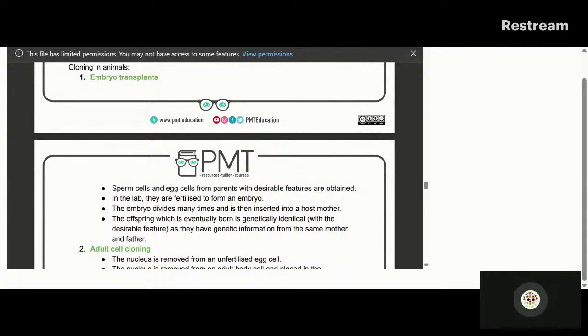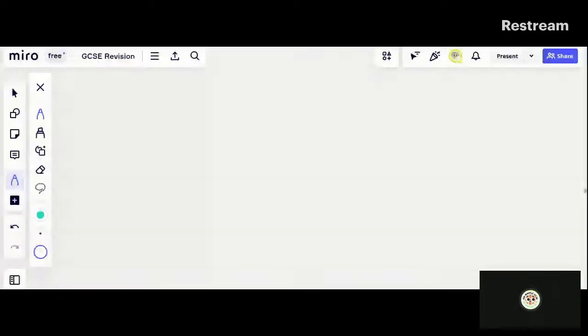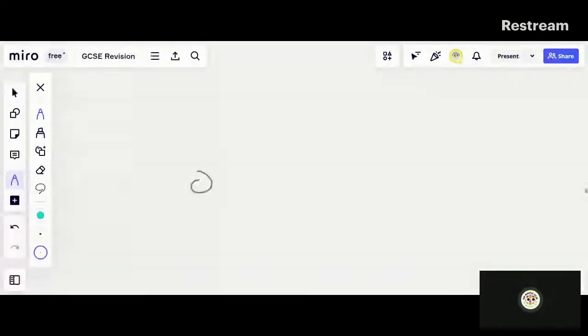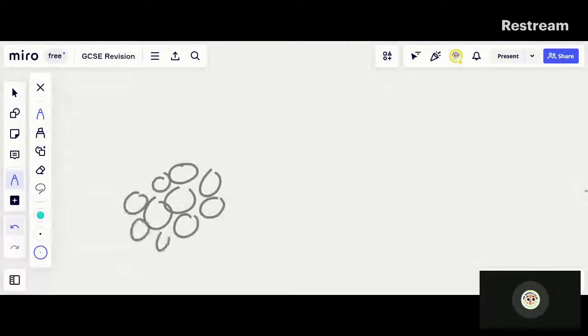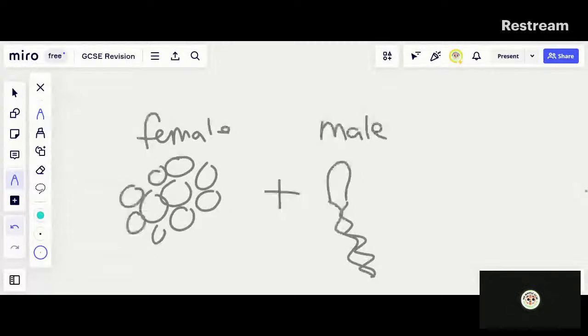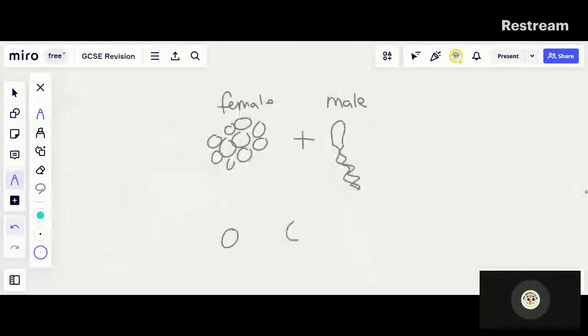So the good thing with this method is that, imagine what you're doing is you're literally taking egg cells of the perfect desired characteristics of the female, and you're taking the sperm cells of the perfect desired characteristic of the male. Now, as you fertilize them, you're then going to get loads of different embryos.